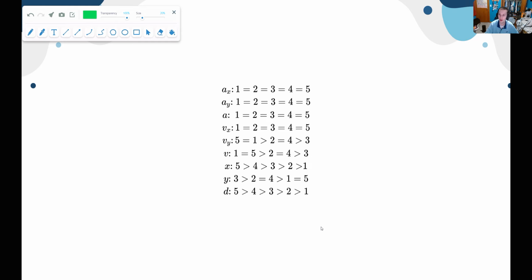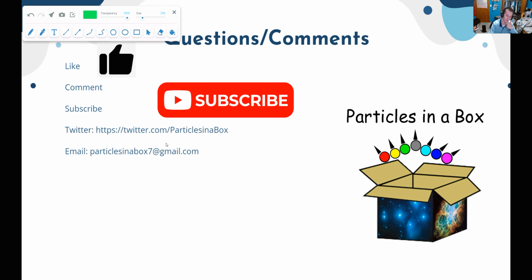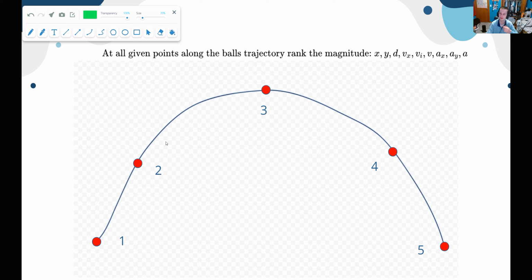But before we leave this problem today, there's something that I wanted to bring up. I drew some arbitrary curve here, and I wanted to ask you, what if our curve looks something like this? And we had 3 up here, we had 2 over here, we had 4 over here, we had 1 down here, we had 5 over here.